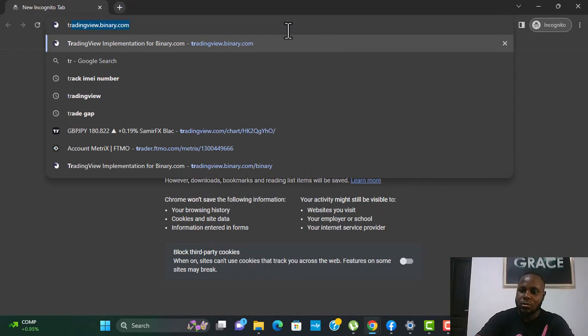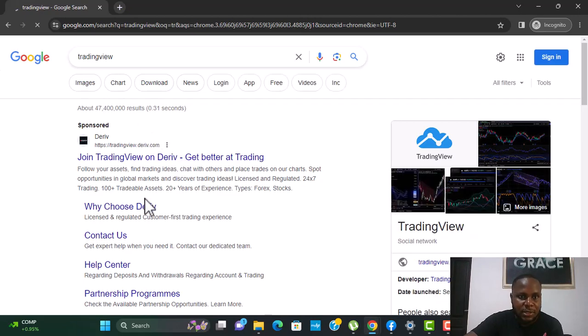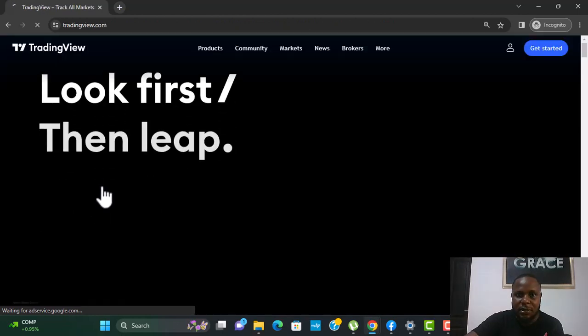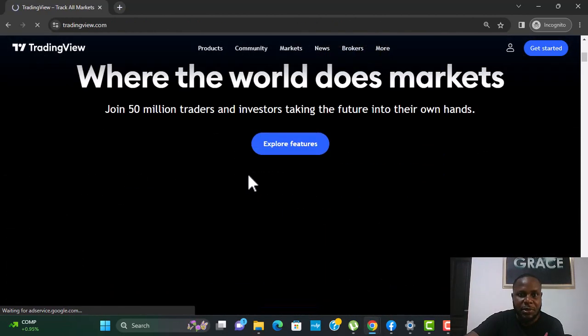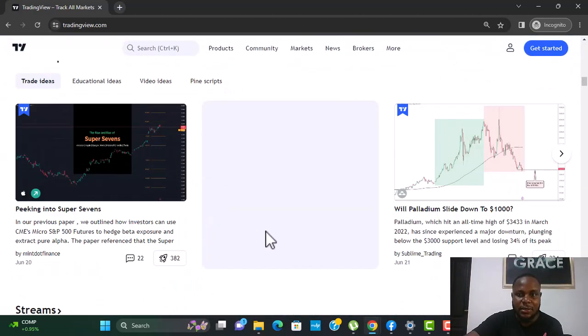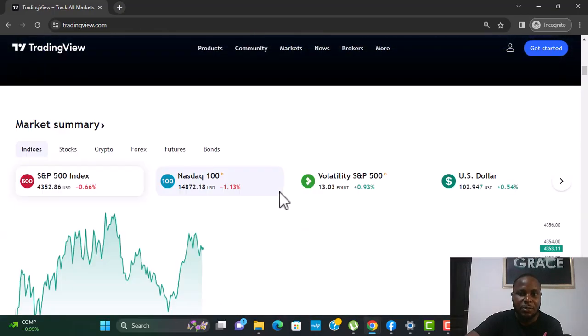Let me go to TradingView without my account so that you can see what the typical charts will look like for people that have not really set up their charts to look like the way I've made mine look.